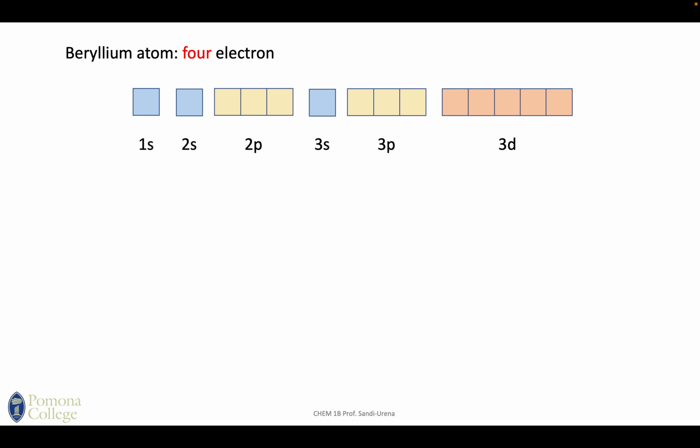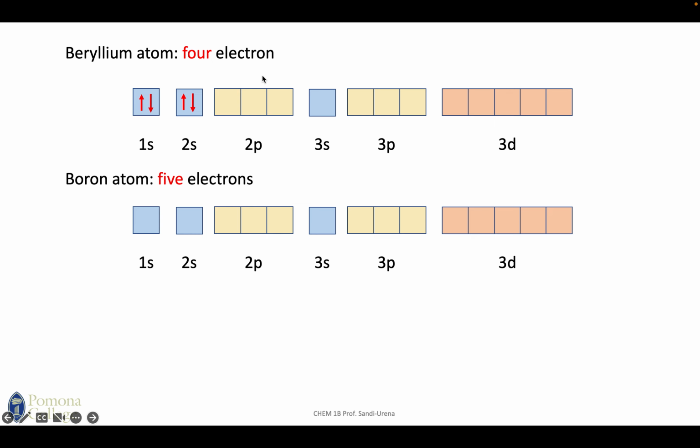And we keep going. Beryllium has 4 electrons. There's 1, 2, which pairs with 1. 2s, we have 1 pointing up, and the second will be pointing down. 4 electrons.